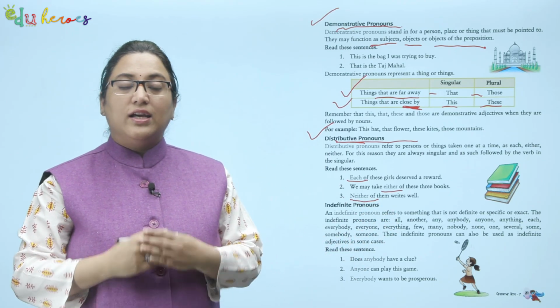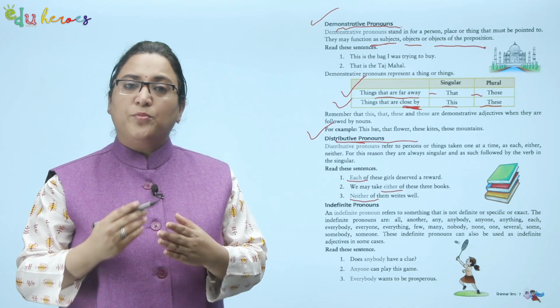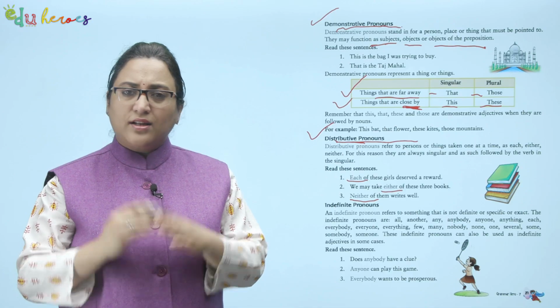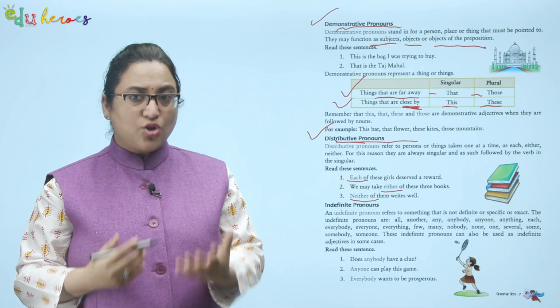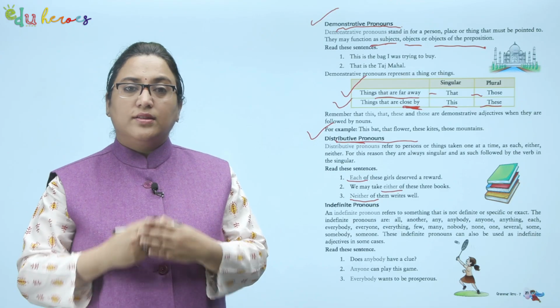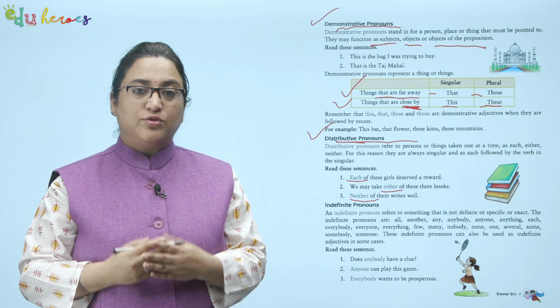Next, we have indefinite pronouns. An indefinite pronoun refers to something that is not definite or specific or exact, or you can say sure. There is a long list here and you have to remember this.